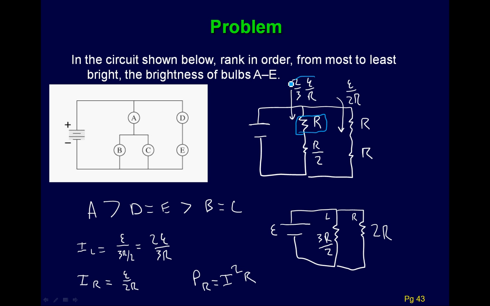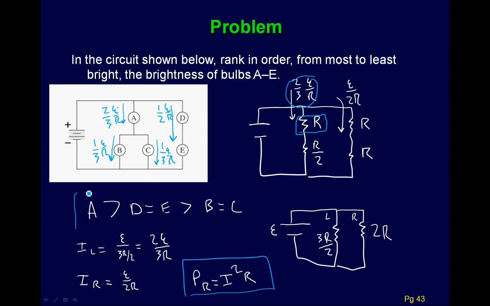Right here through A is a current of 2/3 epsilon over R. Now both D and E have a current of 1/2 epsilon over R. And finally, the current here splits exactly into 2, so it would be a current of 1/3 epsilon over R and 1/3 epsilon over R. So if you look at their currents, A has the biggest current, D and E are next, and then B and C are last, just like we said over here.